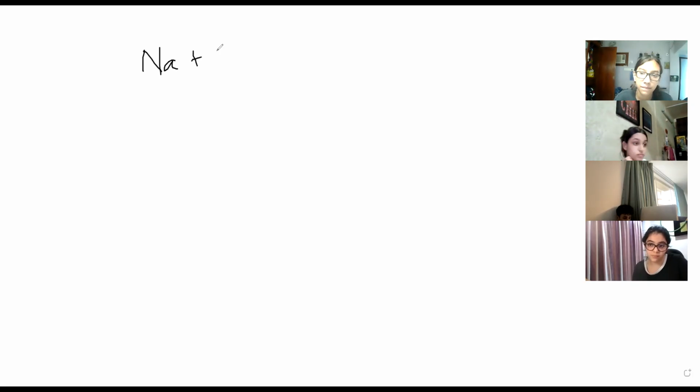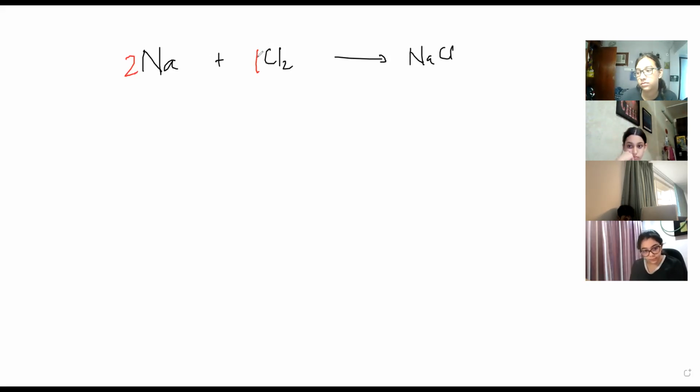equation of sodium and chlorine to form sodium chloride. Mole ratio of sodium and chlorine is 2:1. Remember, mole ratio of sodium and chlorine is 2:1.